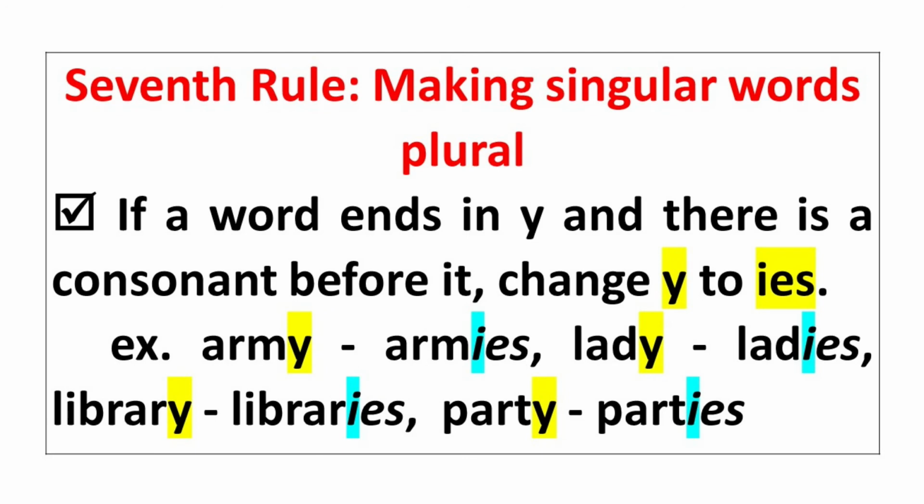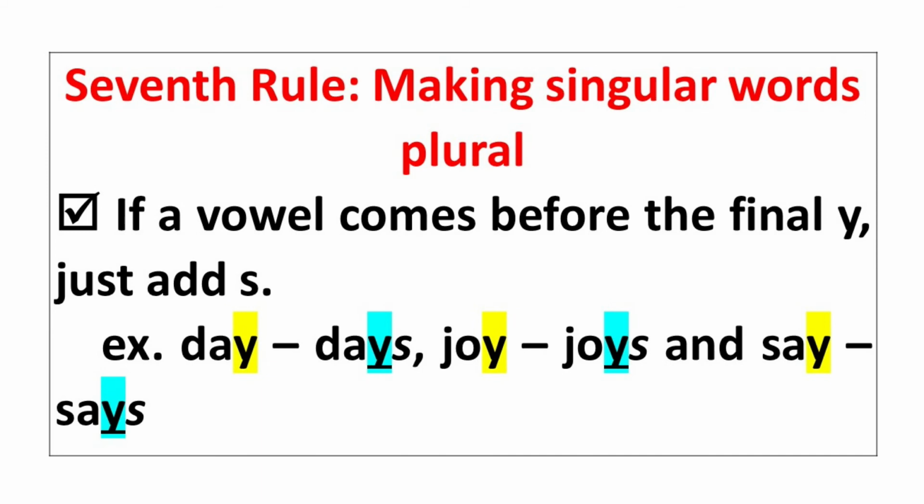Third, if a word ends in y and there is a consonant before it, change y to ies. For example, armies, ladies, libraries, parties. The word army has a consonant R before the final Y. Therefore, Y is changed to IES to form its plural form, and so with lady, that becomes ladies, library becomes libraries, and party becomes parties.